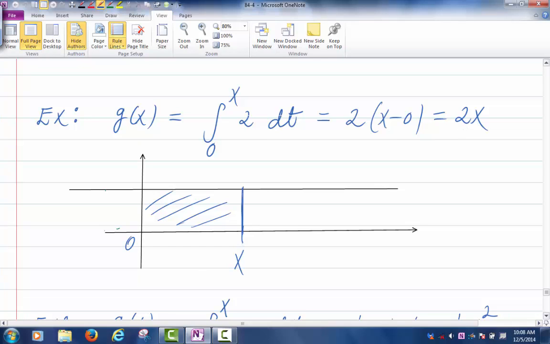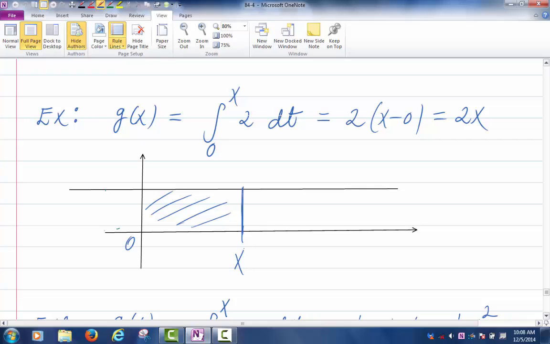Well, if x is a positive number, then what is the meaning of this integral? This integral gives you the area below the graph of the function 2, above the interval from 0 to x. Below the graph of the function or integrand, above the interval from 0 to x. So that's this rectangle, right?